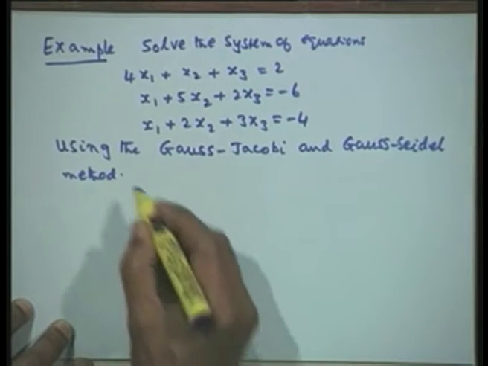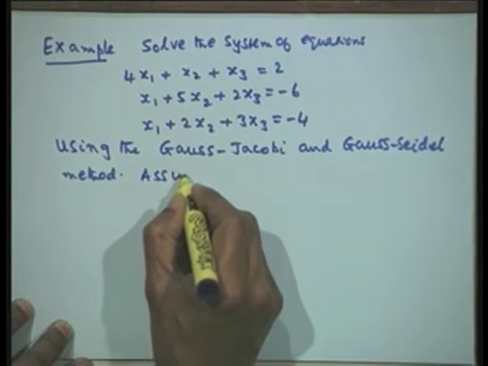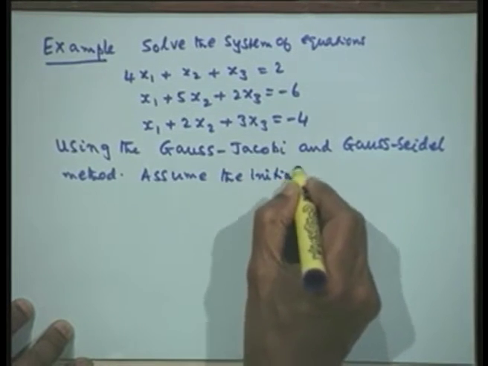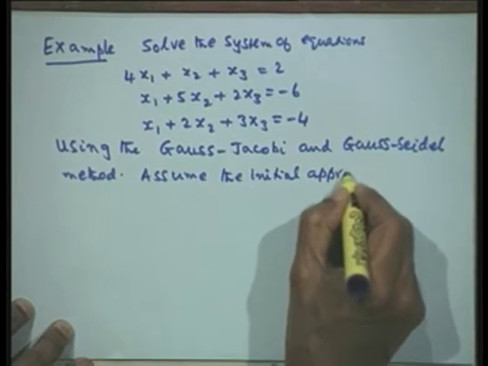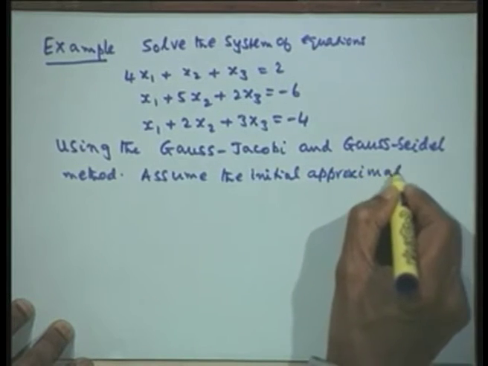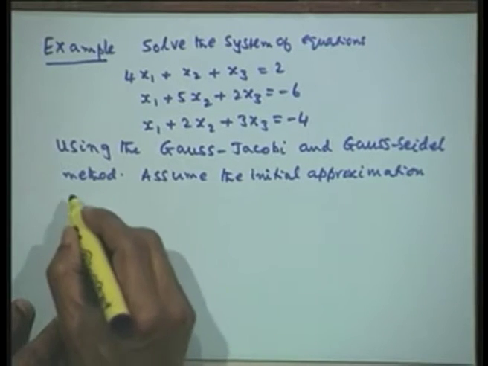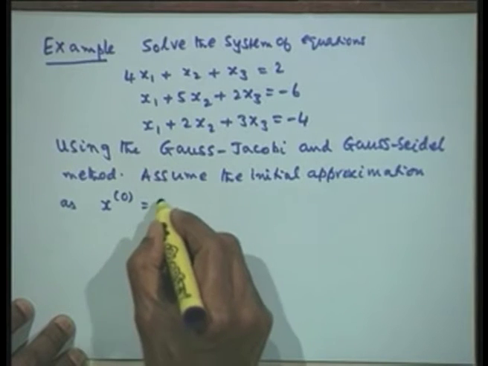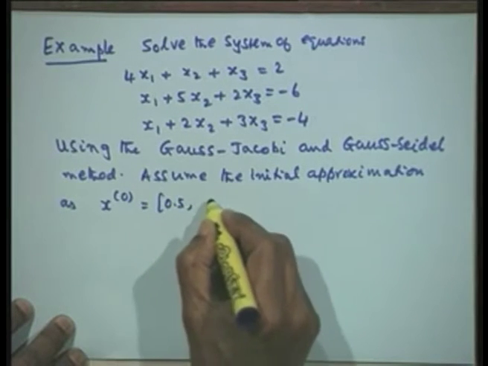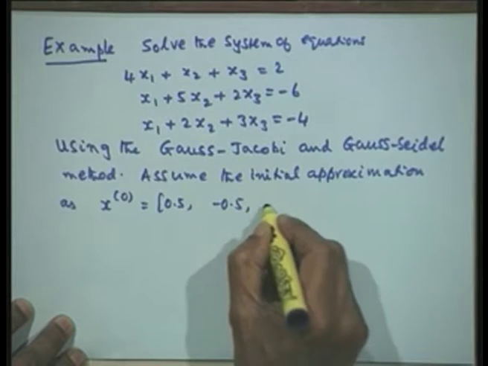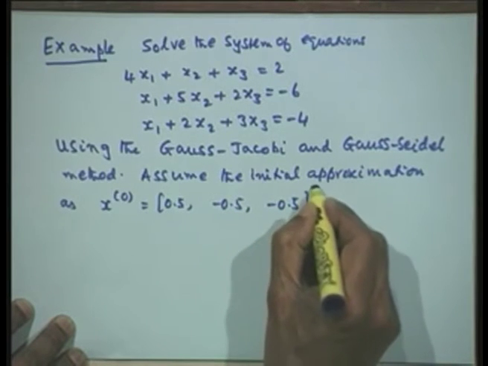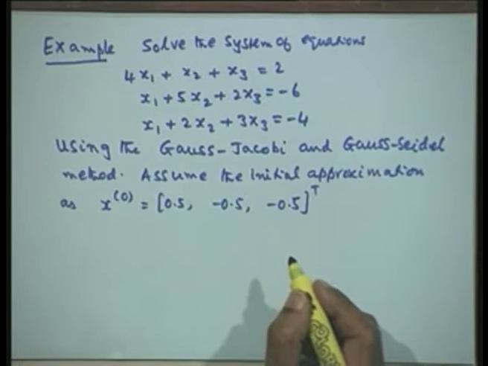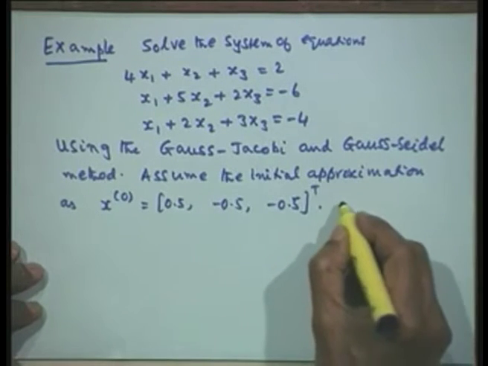Let us also give the initial approximation. So, let us assume the initial approximation as x0, the first iterate, as 0.5, minus 0.5, minus 0.5. So, we are giving the initial solution vector as 0.5, minus 0.5 and minus 0.5.